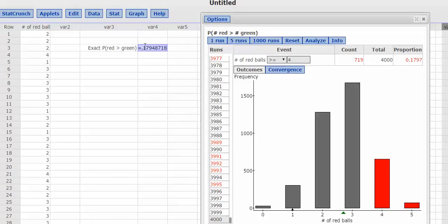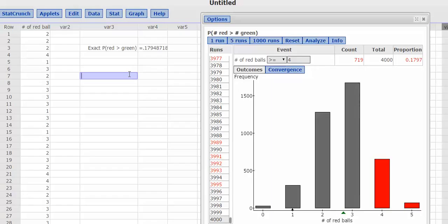Okay, so this is a fairly involved probability to analyze strictly analytically, and what we did was instead do it by simulation.